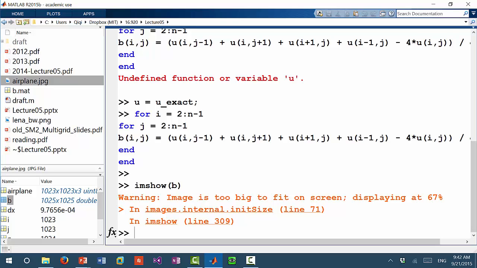That gives me a good handle on what the error is, and it can be applied both to solving linear systems and to numerical schemes for solving PDEs.